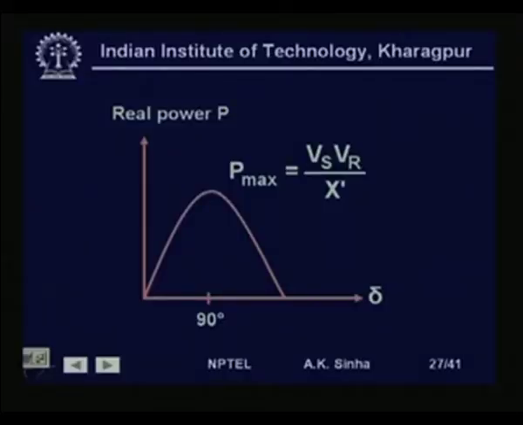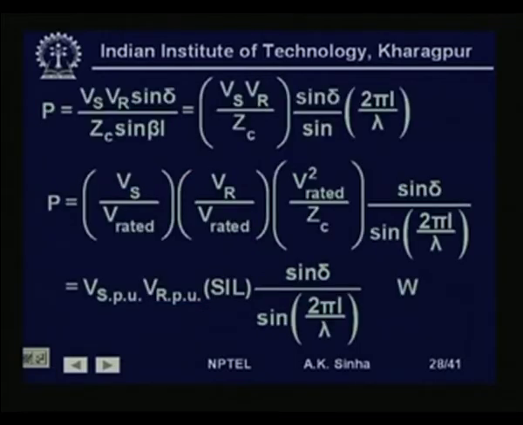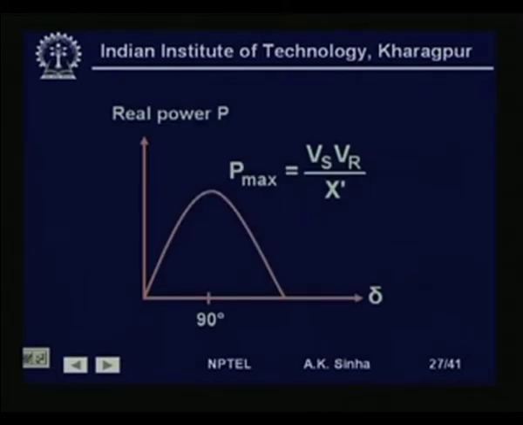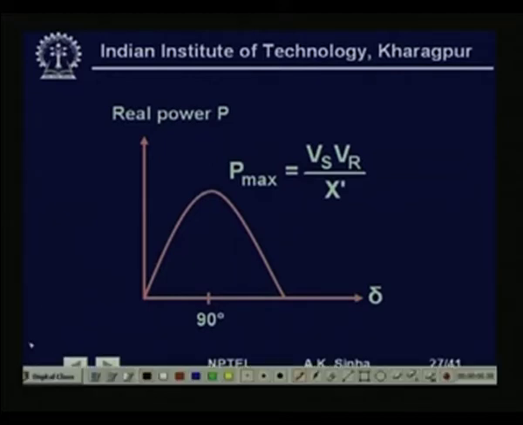So, the delta angle for this will be there, the power which is being transmitted, and the power angle or the voltage angle at the machine is delta 0.